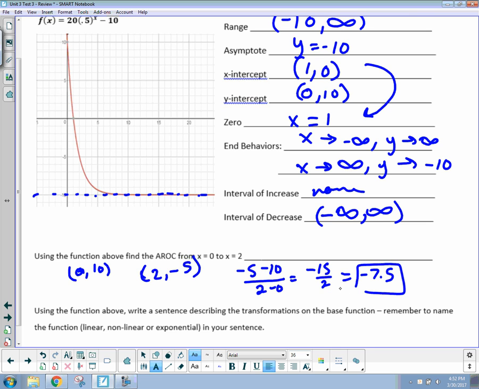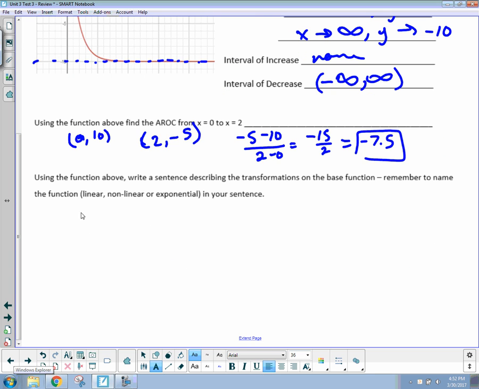Alright, next part's the sentence, so I'm going to scroll down, click, scale this down a little bit.